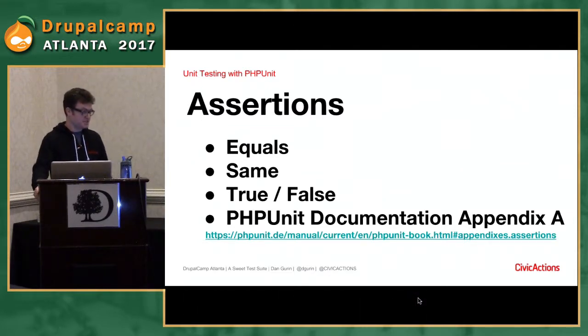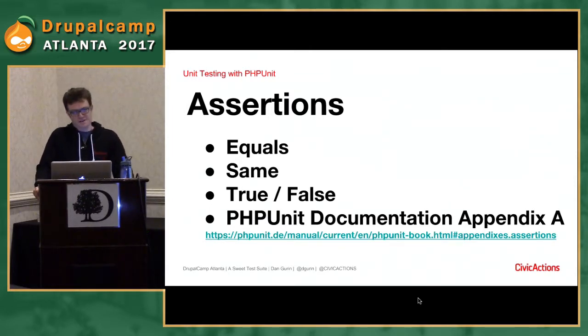Some typical assertions here. We had equals, of course, and same. Same is more strict, where if it's comparing objects, it would have to be the same instance of the object, as opposed to just having the same values.